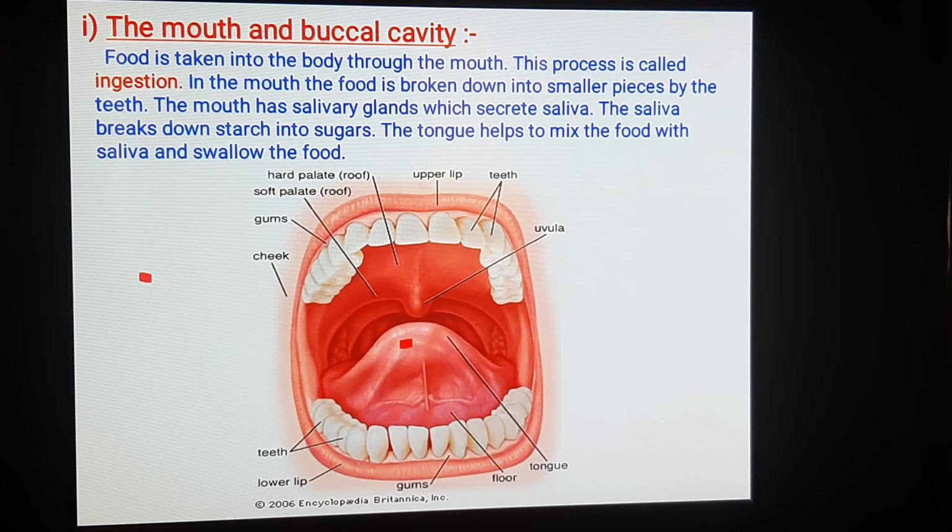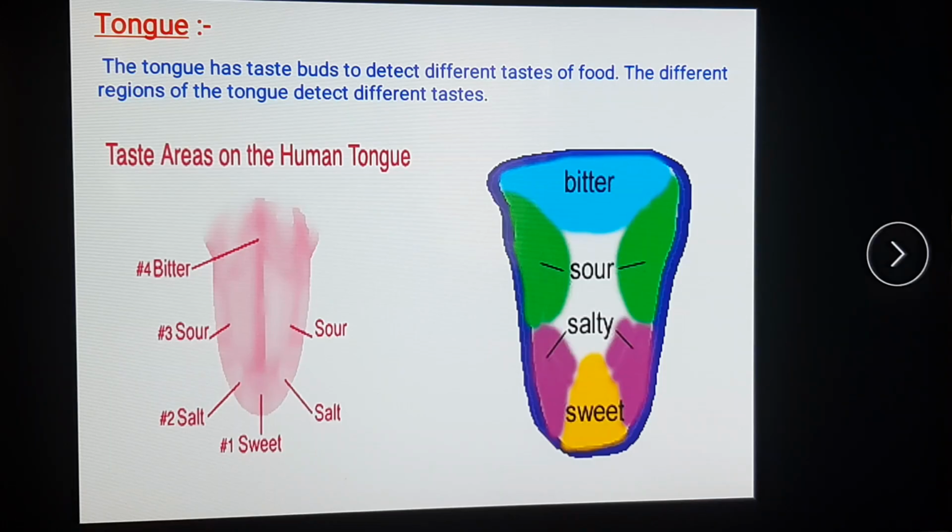So saliva converts starch into sugar. The tongue helps to mix the food with saliva and swallow the food. Here in the diagram you can see the buccal cavity picture is shown.